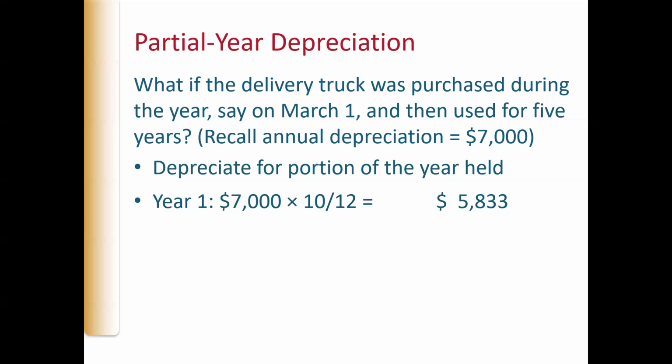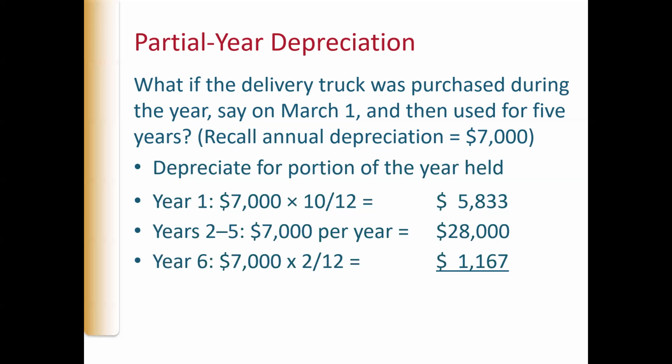On March 1st, that means 10 months of the year, we're going to take depreciation because January and February the truck wasn't around. So for the first year, we'll take $7,000 times 10/12, or 5/6, of the year because we didn't have it the whole year. Then in years 2 through 5, we'll take the 7,000 a year. And then in year 6, we'll take the remaining 2 months we didn't take in that first year.